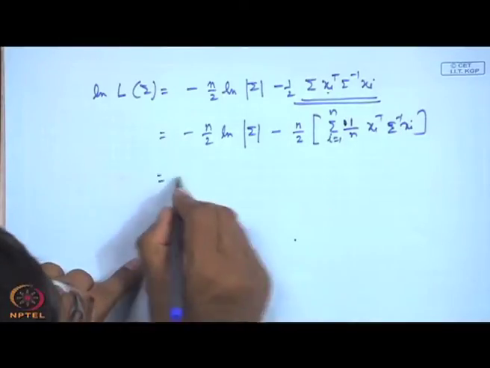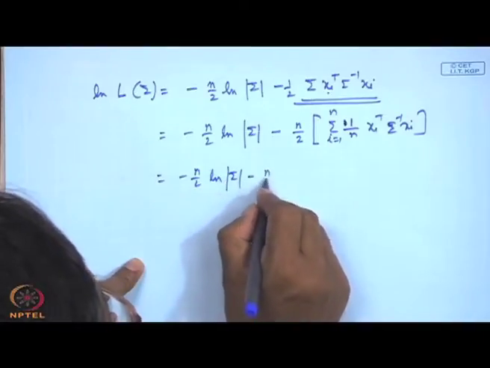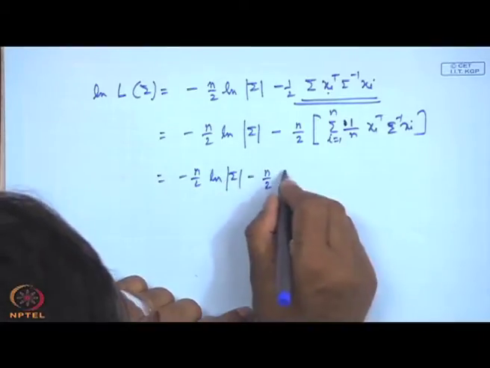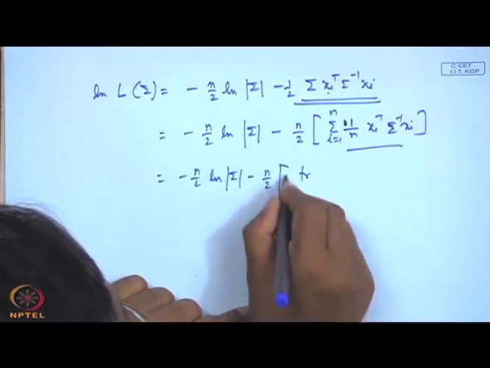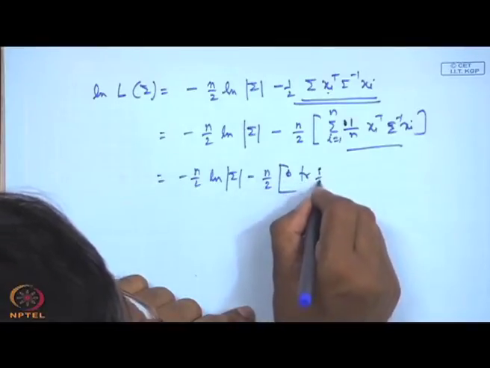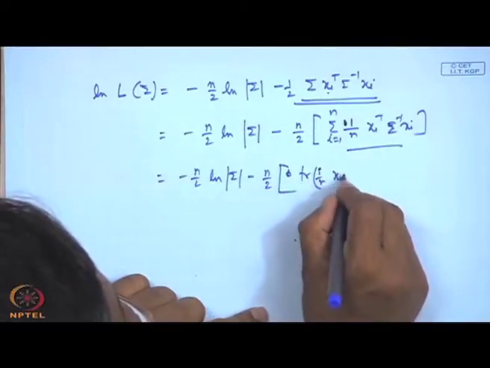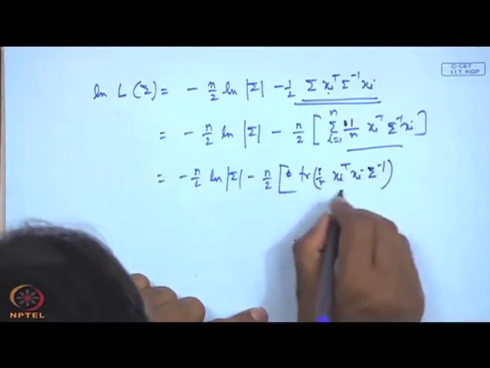Then I will come to another form: minus n by 2, and we can write this quantity as trace of 1 by n x i transpose x i sigma inverse. This is possible.